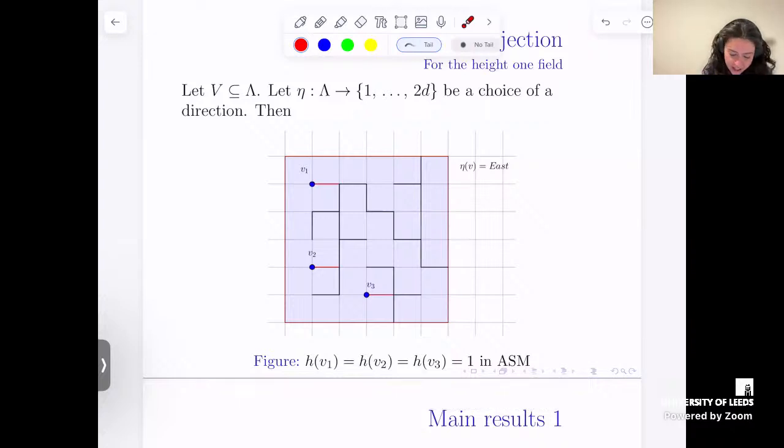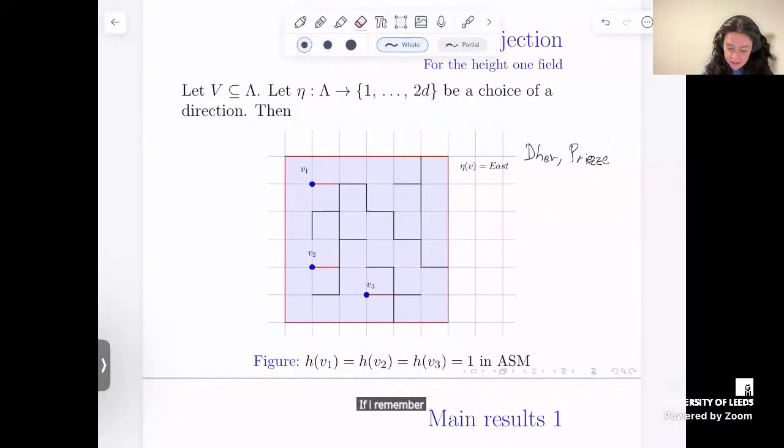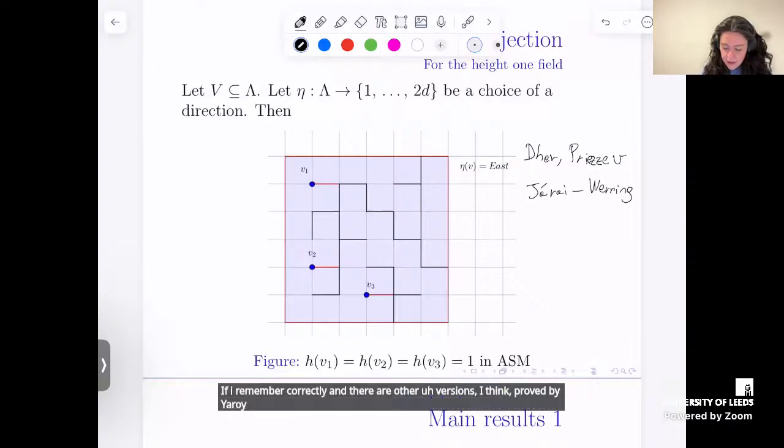This bijection goes back to Dhar and Priezzhev, if I remember correctly, and there are other versions, I think, proved by Járai and Werning, but it's a classical result.